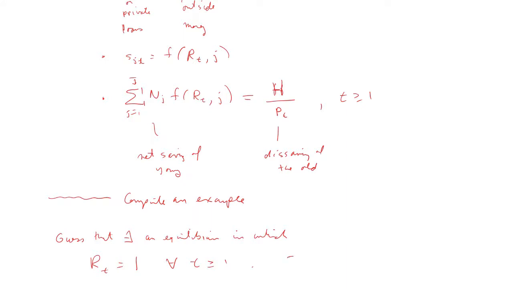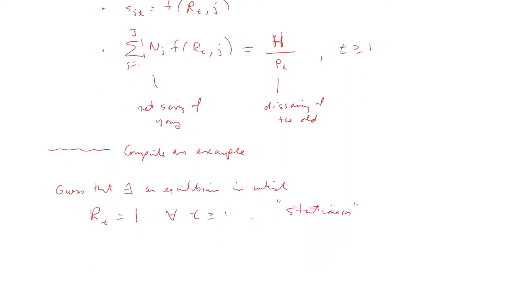So this is going to be a stationary equilibrium. We've seen enough to know that there's liable to also be non-stationary equilibria, and that will surely be true. But I'm going to make this guess.